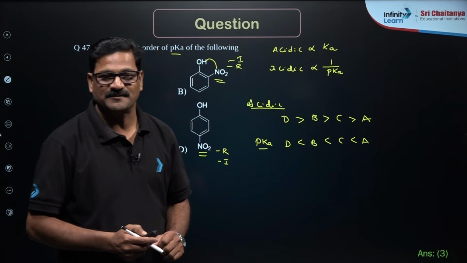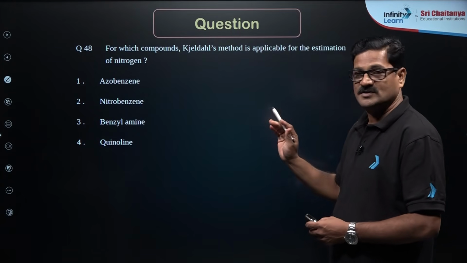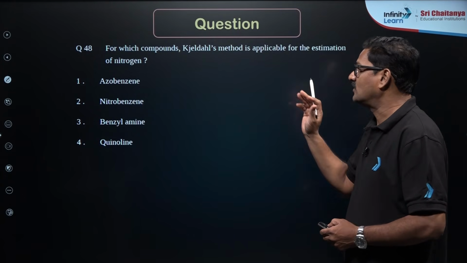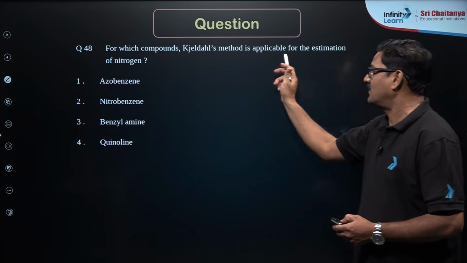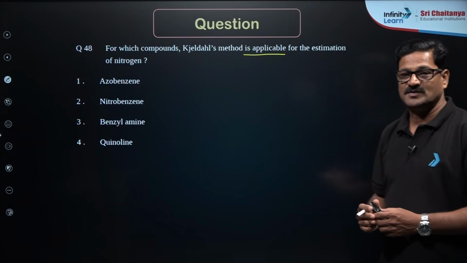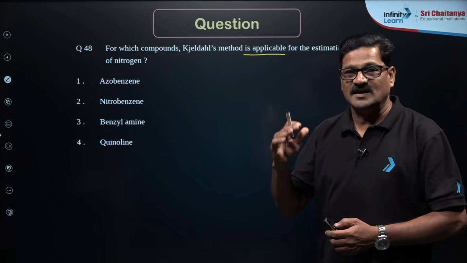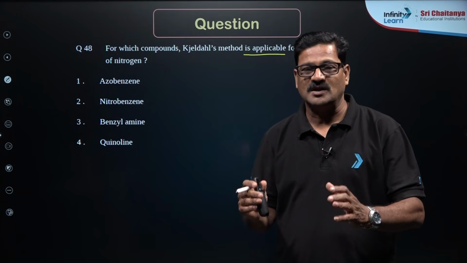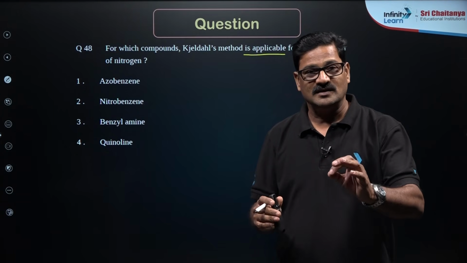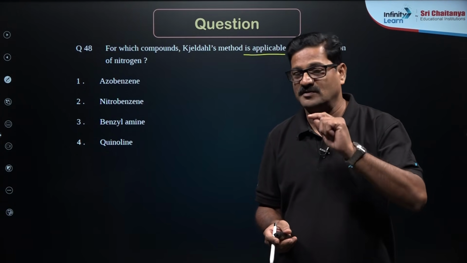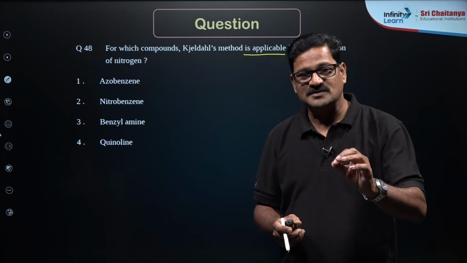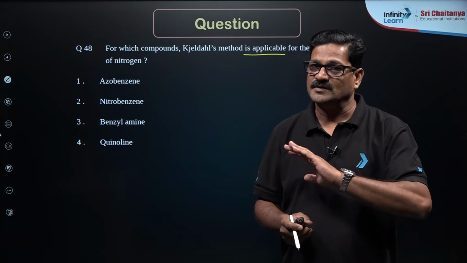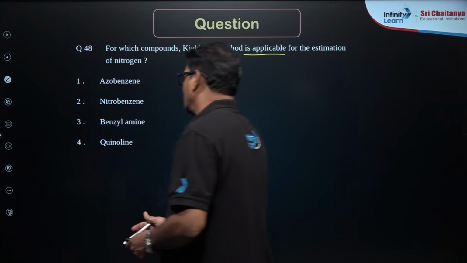Students, this question is asking about the Kjeldahl method. Which of the following compounds is the Kjeldahl method applicable for the estimation of nitrogen? The Kjeldahl method is applicable for organic compounds to estimate the nitrogen amount. But if the nitrogen is part of a ring, or if the nitrogen is in the azo group, the Kjeldahl method is not applicable.